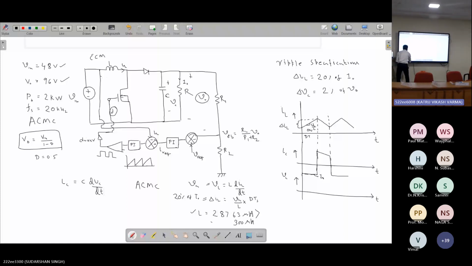So your dVC is 1 by C IC dt. If I integrate this, 1 by C is constant.